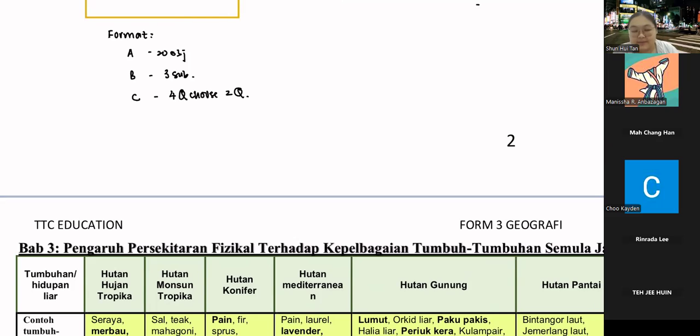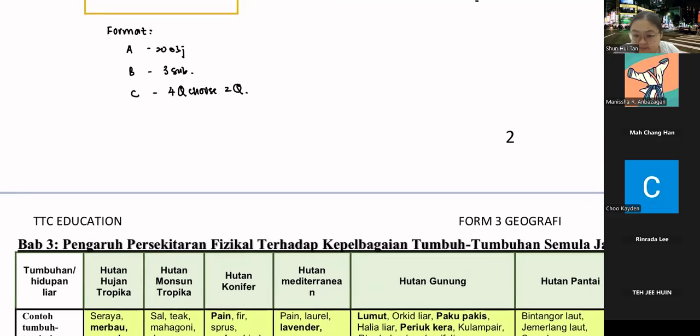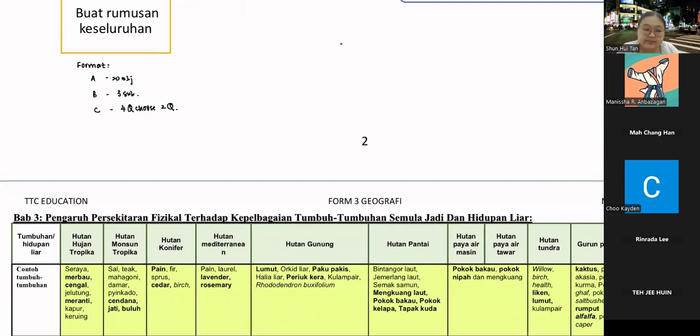Now, for chapter 3, chapter 4, and chapter 5, they are a little bit related. For chapter 3, they are talking about pengaruh persekitaran fizikal.